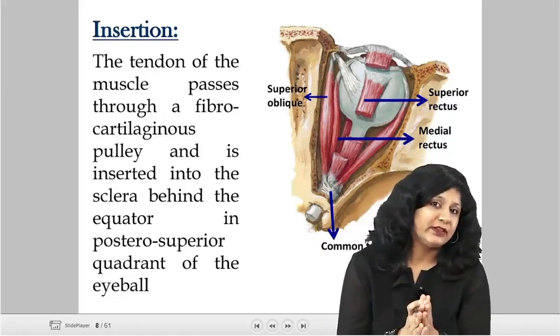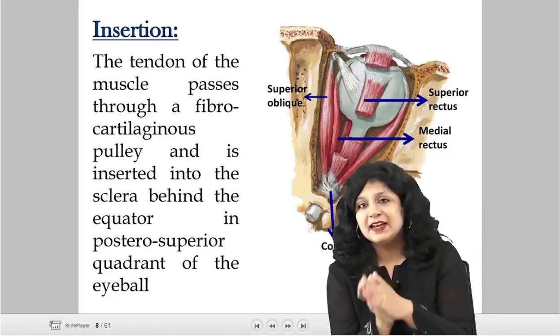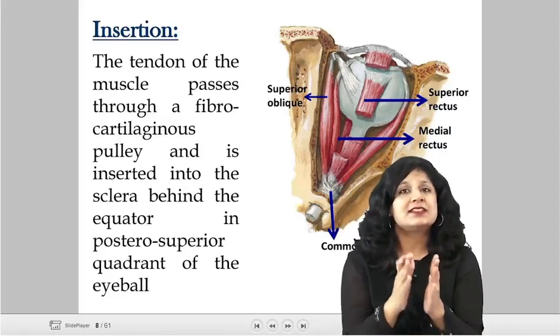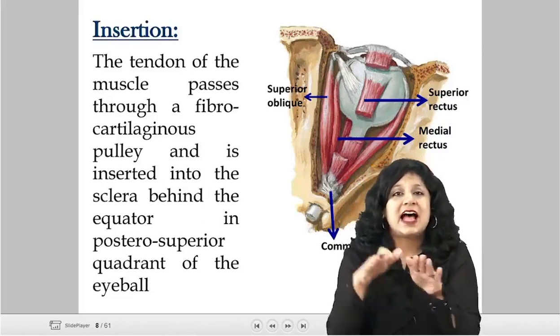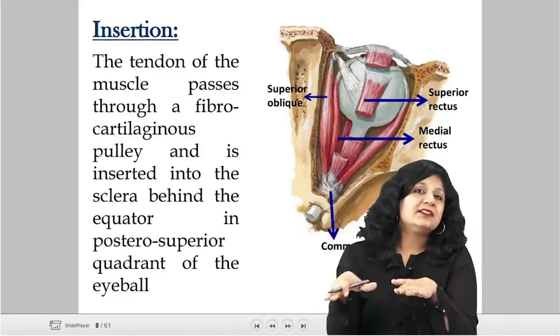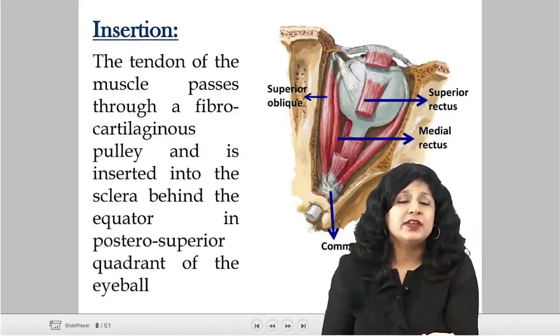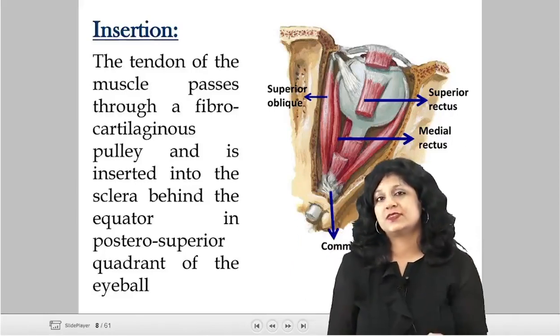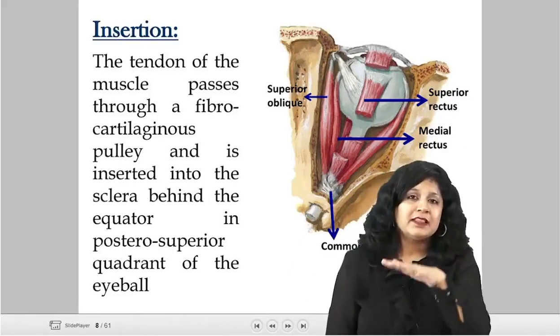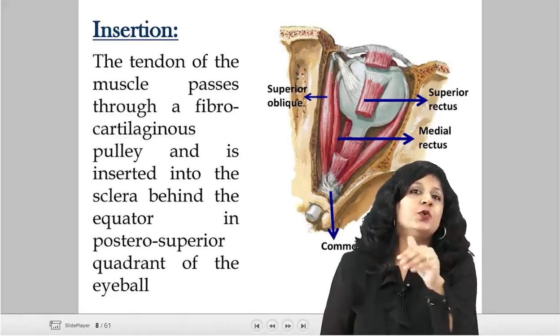Now another important thing about the medial rectus and the lateral rectus. These muscles are just inserted in the horizontal plane, so they will not show the secondary actions and the tertiary actions. The reason is that they have an angle of 0 degrees.